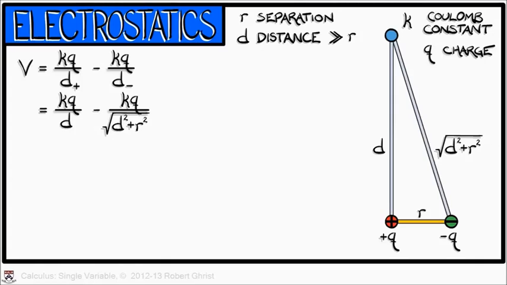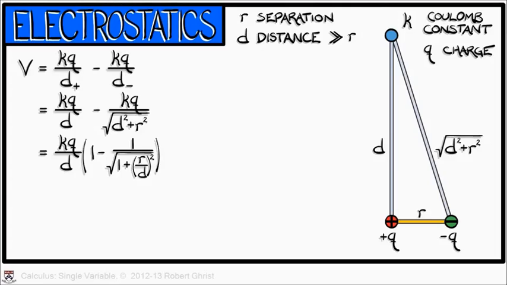We could stop there, but let's simplify this as much as possible. If we factor out kq over d, then we get a 1 from the left term. From the right term, we get 1 over the square root of the quantity 1 plus (r over d) quantity squared.